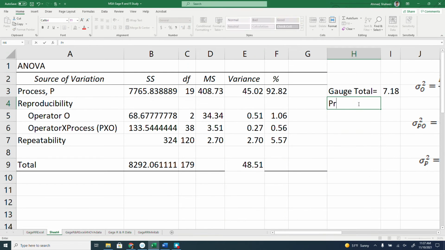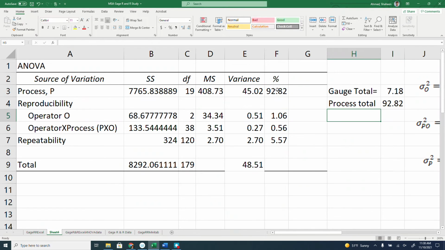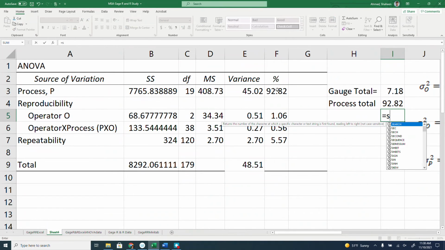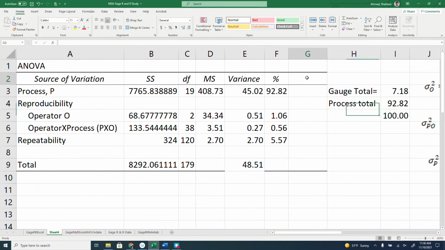And then the process total, which is this guy. And that should be 100% because we distributed the whole thing to 100% like that. Now let's calculate the precision to tolerance ratio.